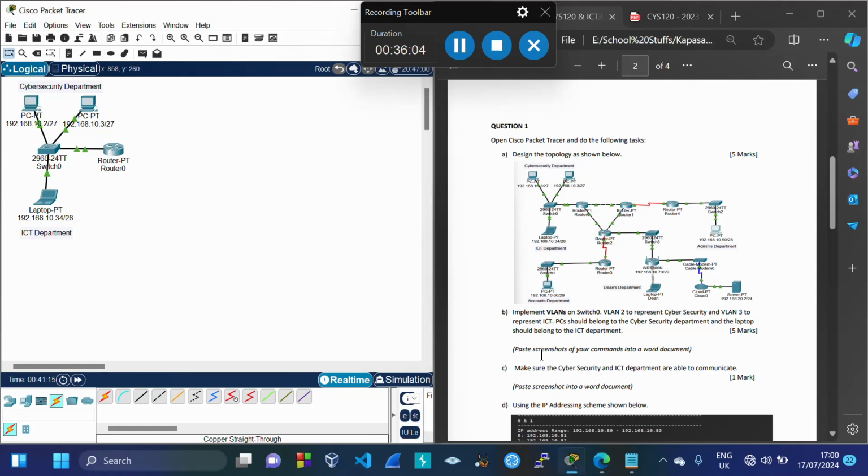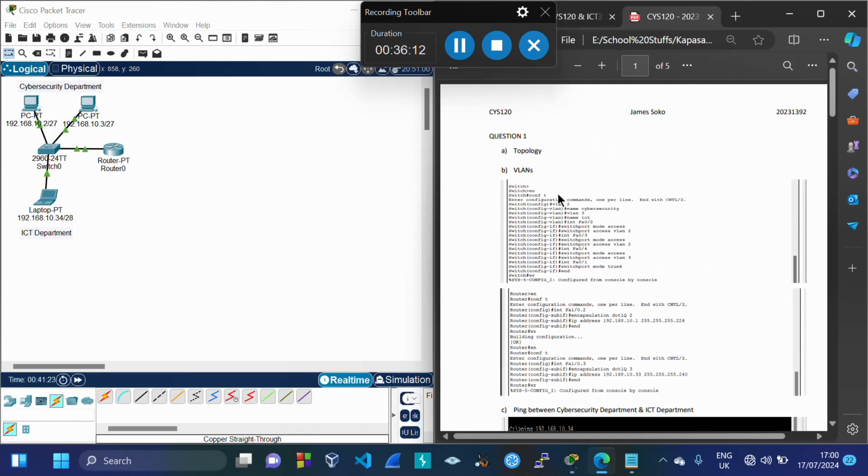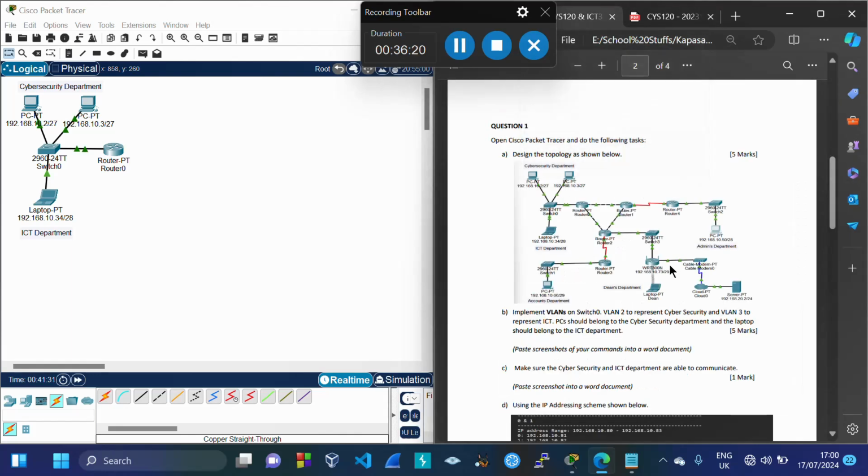The question was saying paste screenshots of your commands in a Word document. This is 5 marks, so this is how you do it. You show in a switch you used this and this, so those are the commands. Then we are done, 5 marks. The question also says make sure the cybersecurity and ICT departments are able to communicate.